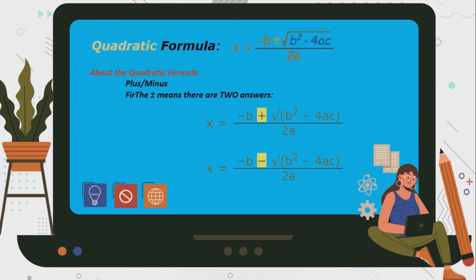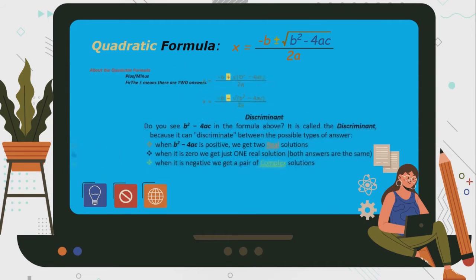Okay, about the quadratic formula, the plus or minus means there are two answers: x equals minus b plus the root of b squared minus 4ac divided by 2a, and x equals minus b minus the root of b squared minus 4ac divided by 2a.